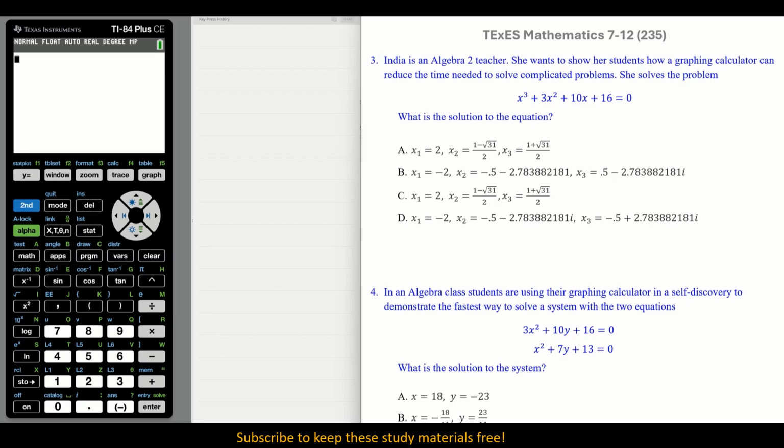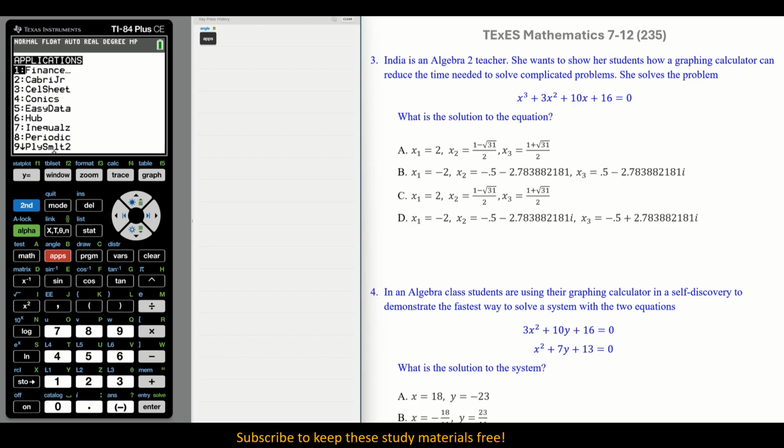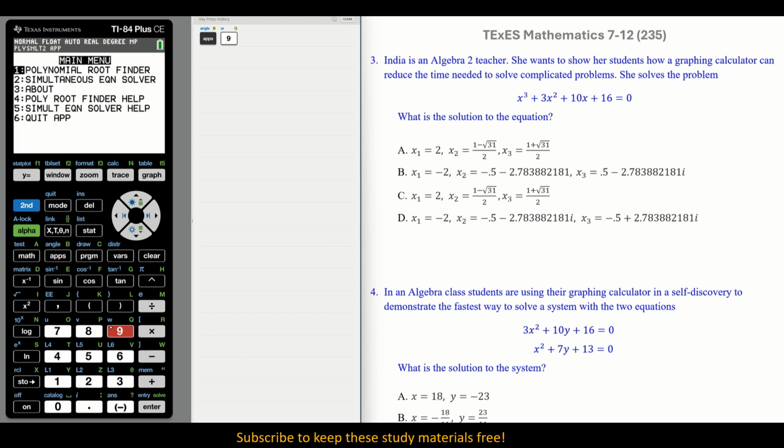What we're going to do is use our apps. So push apps. You'll see right there, it's APPS. What do we want? We've learned how to do finance. We don't want this. We don't want conics, which means circles and things like that. What we want to do is go to number 9, and we are working with number 1.